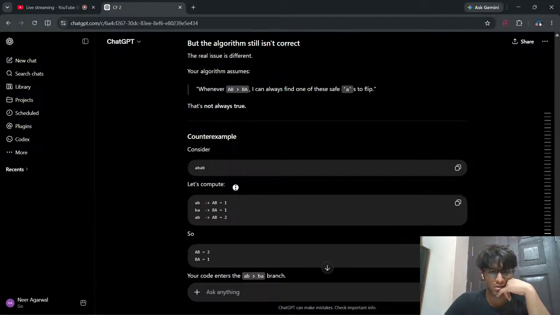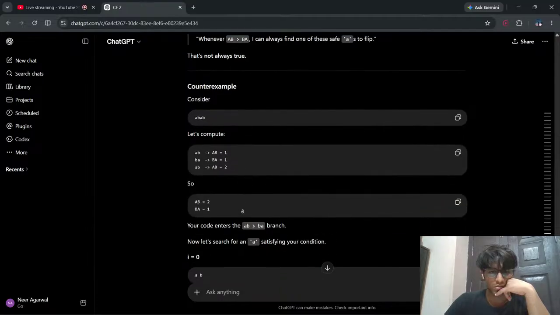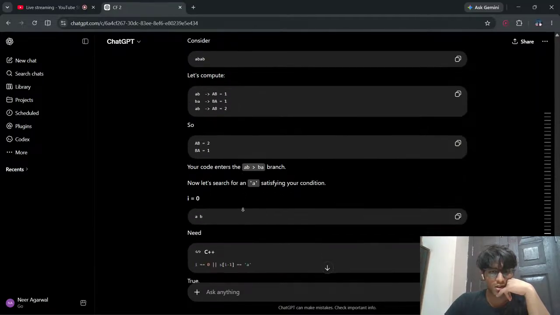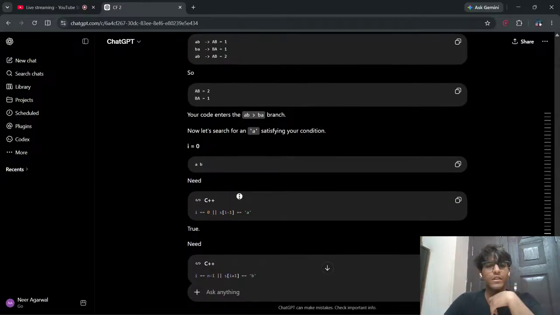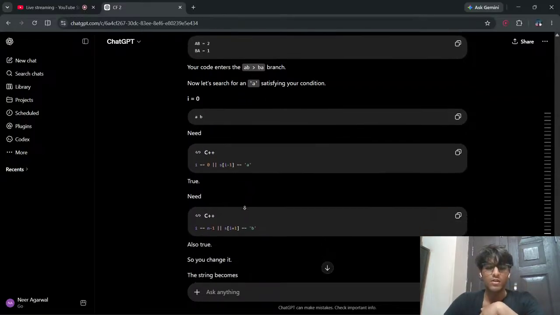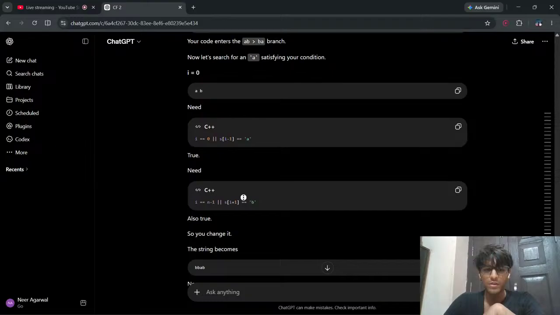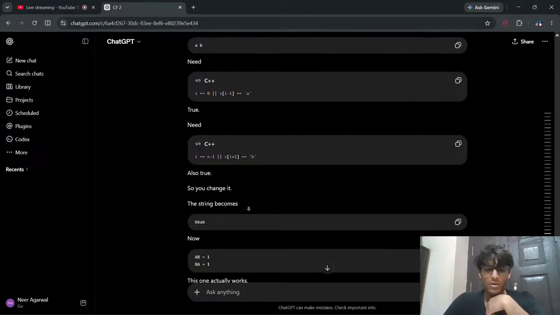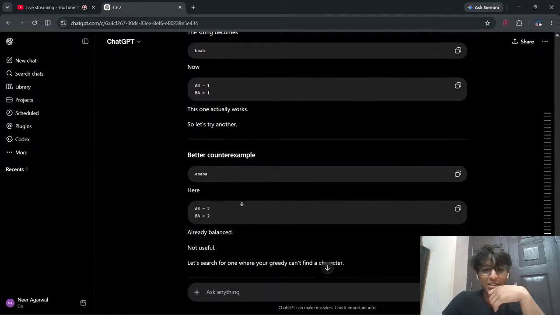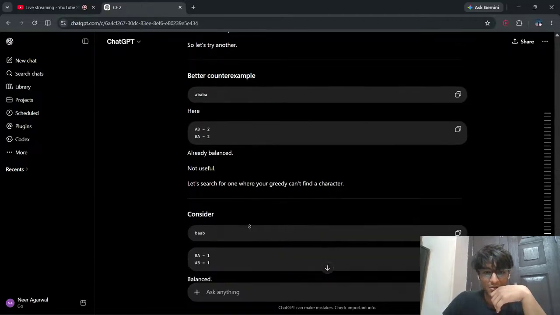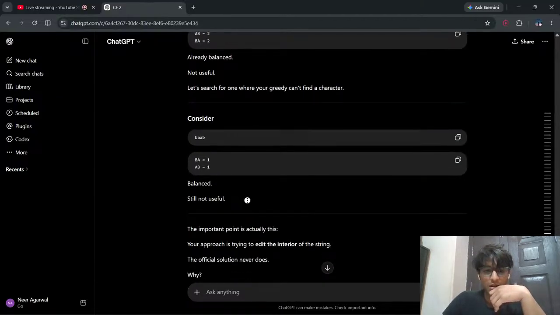So AB is 2 and your code enters the AB is 2 case. Now let's search for the A satisfying the conditions. The A and B conditions are true. It's also true, so you change it, the string becomes BB, now ABAB, this actually works. A counterexample, ABAB, is already not useful. A balance still not.